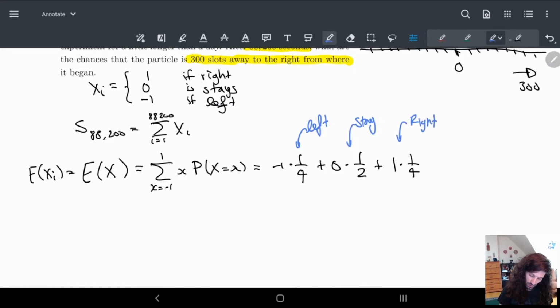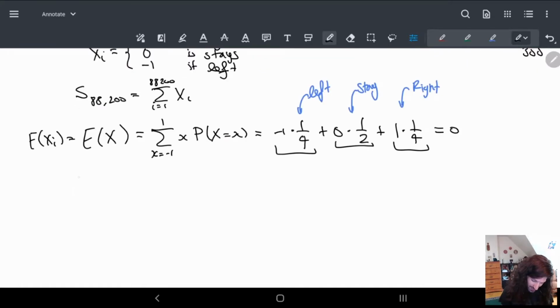And notice how I did things so everything cancels. So this part is 0, minus 1/4 plus 1/4 is equal to 0. So our expected value is to stay. Like I said, it's a lazy day. We just stay where we are. Our expected value is to not move, well, over time.